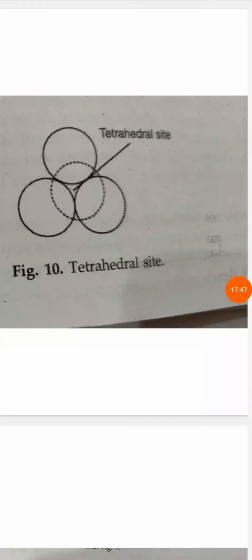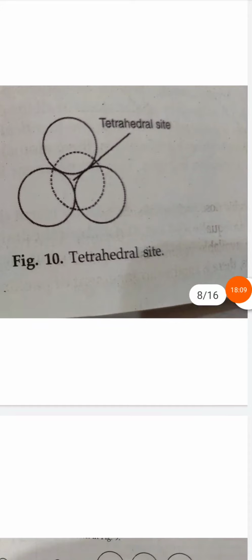The shape of the hole is not tetrahedral, but the arrangement around the hole is tetrahedral. That's why it is called a tetrahedral site or tetrahedral hole: the arrangement of spheres around the hole is tetrahedral.